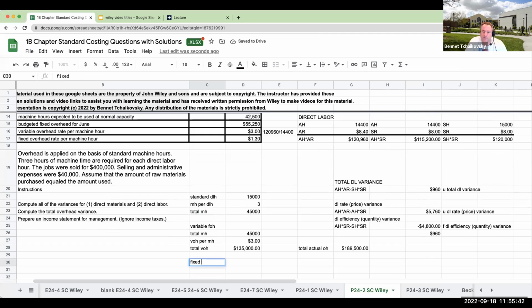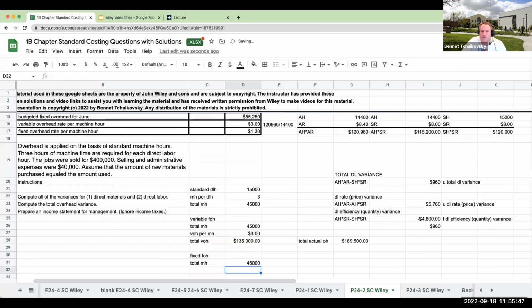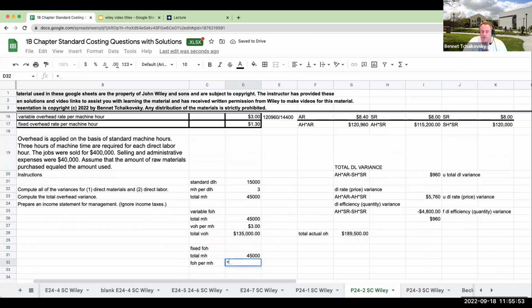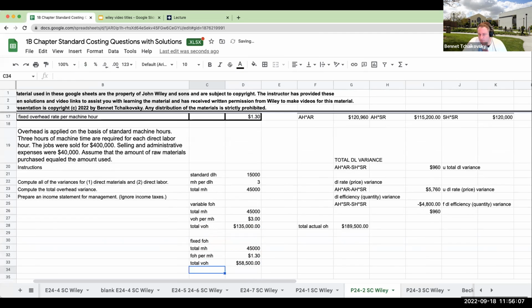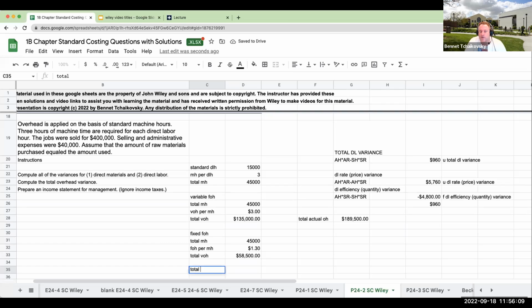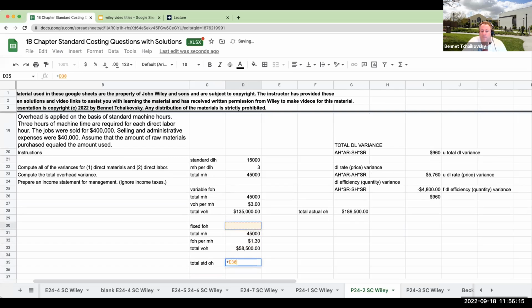My fixed factory overhead. Again, you're going to take the total machine hours and the fixed overhead rate per machine hour, which is going to be $1.30. It's given to us. And so when we multiply this through, my total fixed overhead is going to be 45 times $1.30 or 58,500. So my total standard overhead, my budgeted overhead, is going to be the sum of 135 plus 58.5 or 193.5.